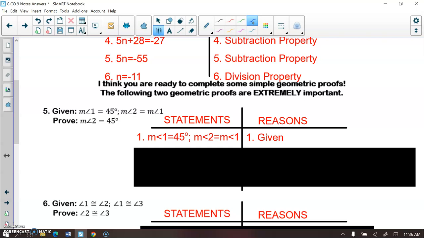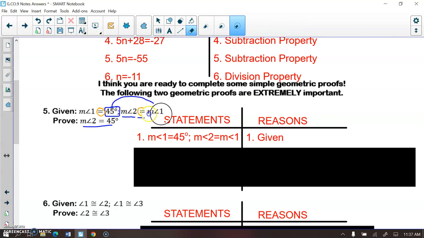Since the measure of angle 1 is equal to 45 degrees, I can use substitution, only because I have equal signs in both of these. I substitute this 45 degrees in for the measure of angle 1. Then I get the measure of angle 2 equals 45 degrees, which is exactly what I'm trying to prove. So that's one way to do this.